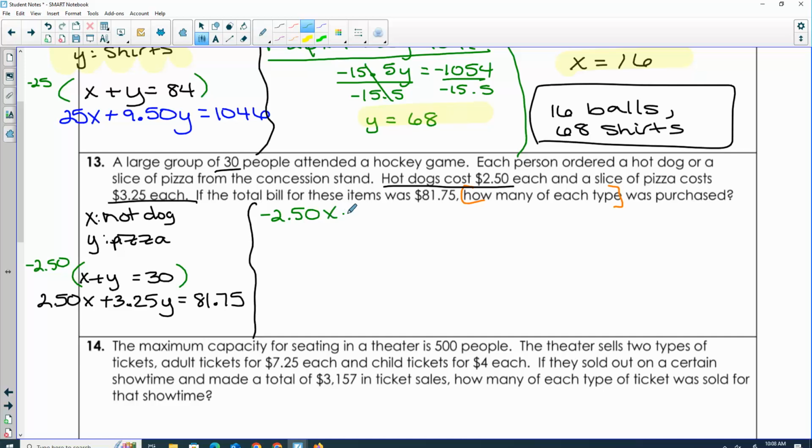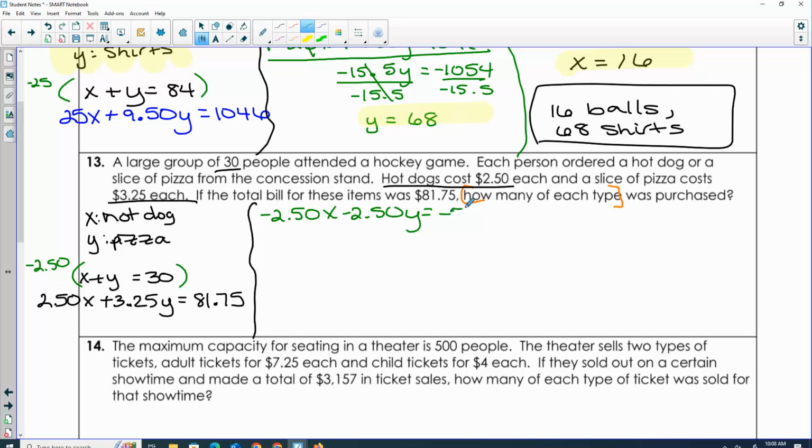Negative 2.50x minus 2.50y. 30 times 2.50. What's that give me? Well, everybody has a calculator. I'm not doing it all here. You guys can do something. Negative 75.